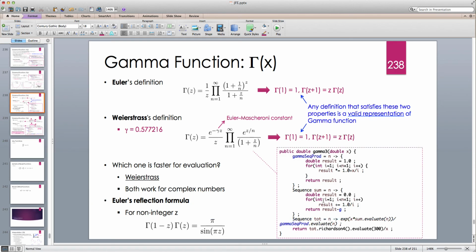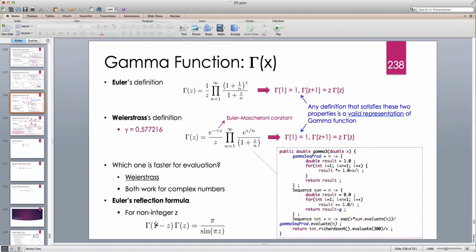And before continuing, I want to also mention there is one very interesting property of the gamma function, which is for non-integer values of z. This is called a reflection formula, or Euler's reflection formula, and that's very interesting. If you take gamma z and multiply it by gamma 1 minus z, it's like we take a number and reflect it about the z equals 1 axis, the vertical axis.